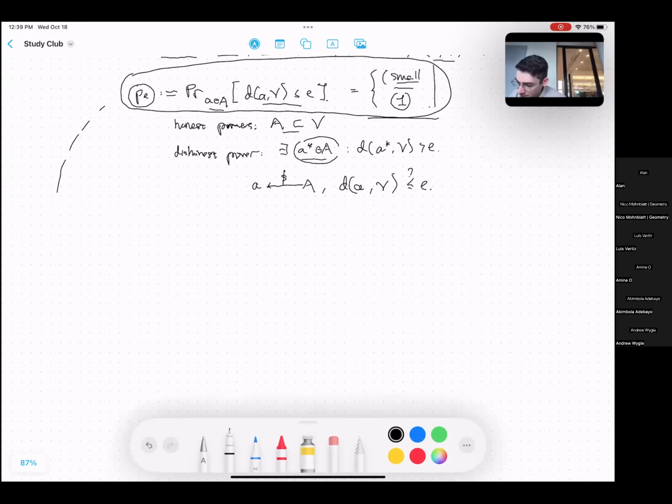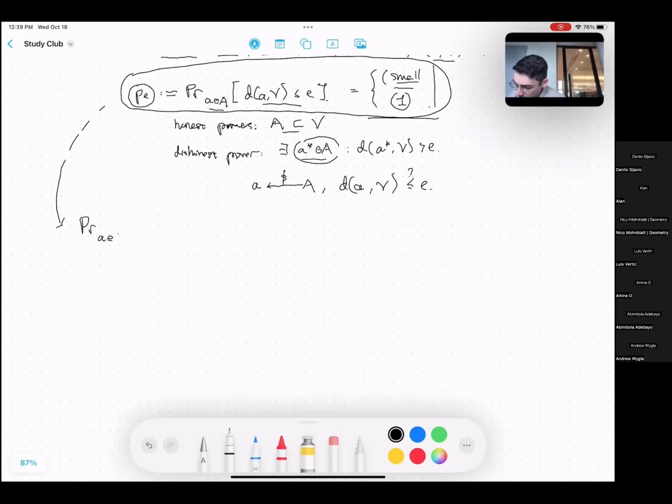So here's the slightly more precise version of the same result. On the one hand, we're going to ask about the probability over A in the affine subspace of being close to the code. So what proportion is close to the code?